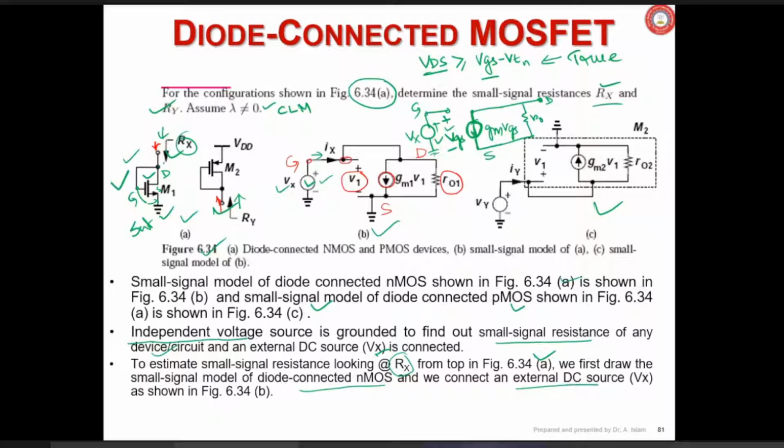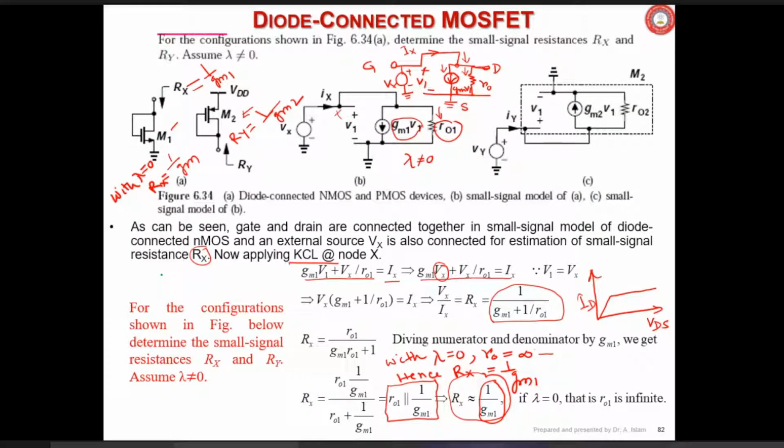Now if you use simple KCL in this circuit, what do you find? Try to understand. I have written this equation, whether you are able to understand or not. As can be seen, gate and drain are connected together, and we have drawn it the same way as we are supposed to.